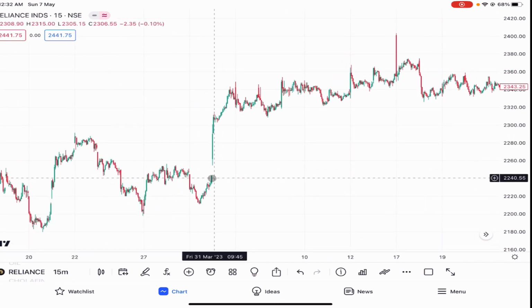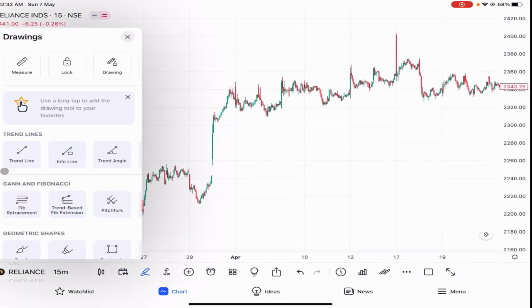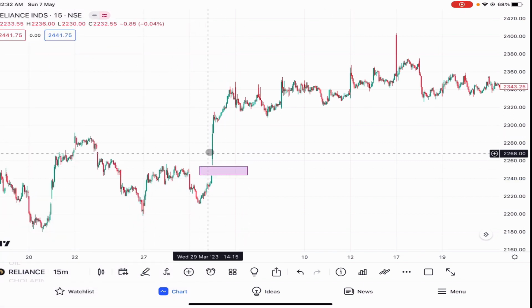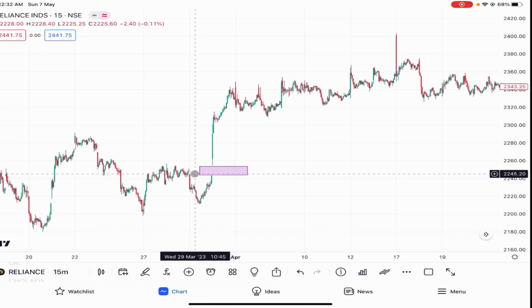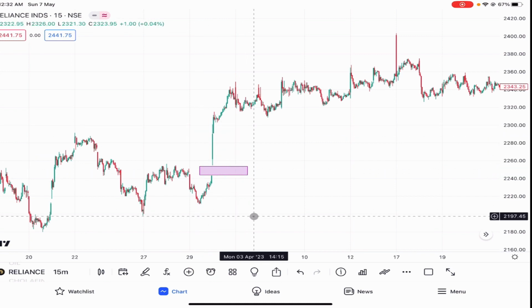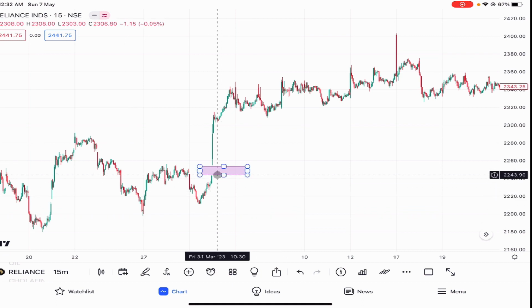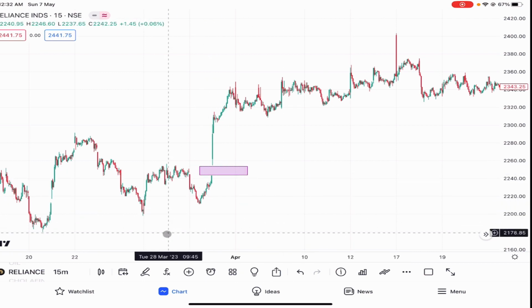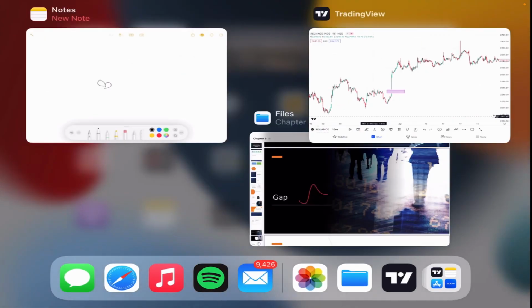Here I can see that a big gap happened. So if I know that a gap has occurred somewhere over here, I will place my stop loss somewhere over here, 2245. That will show that the moment the price falls back down, my trade gets invalidated. So place your stop loss right below the gap. If I place my stop loss over here, it makes no sense, right? You need to place it near the gap only.